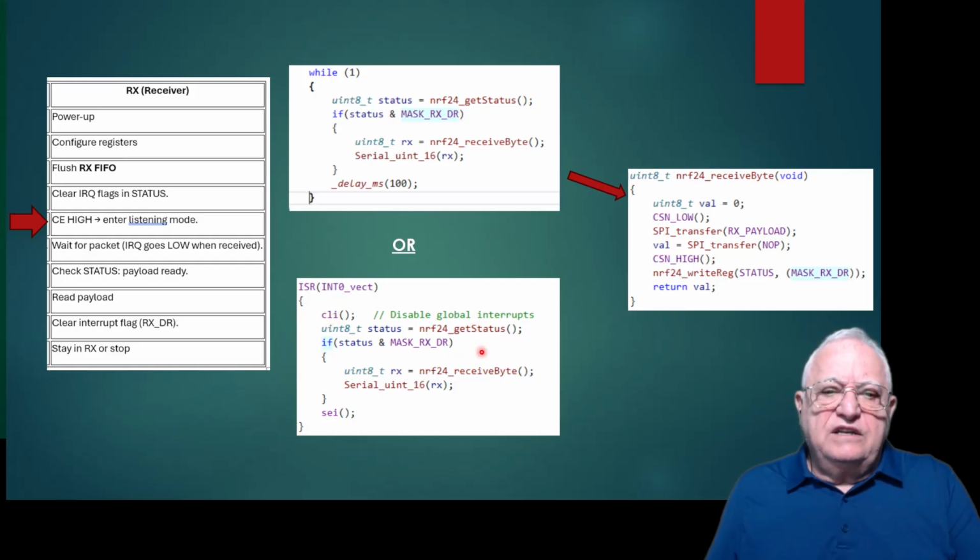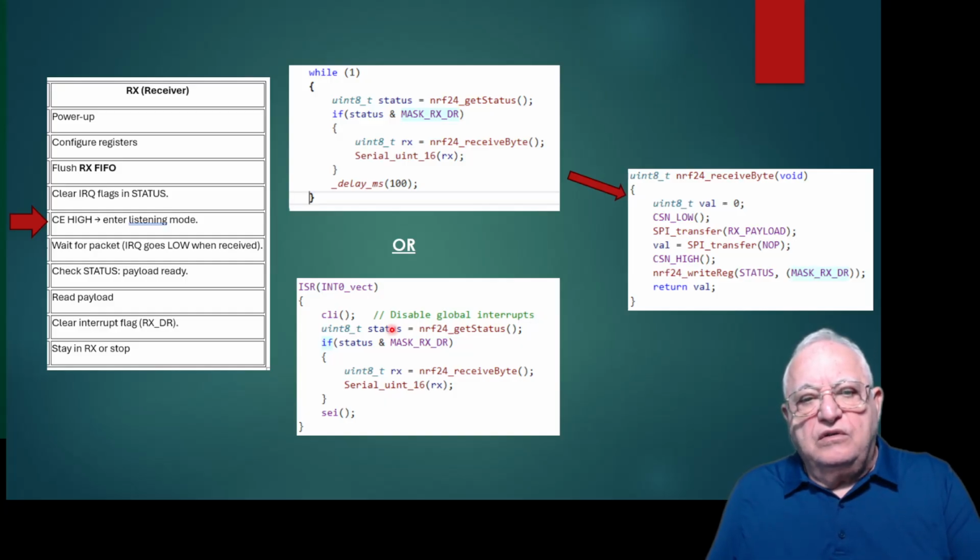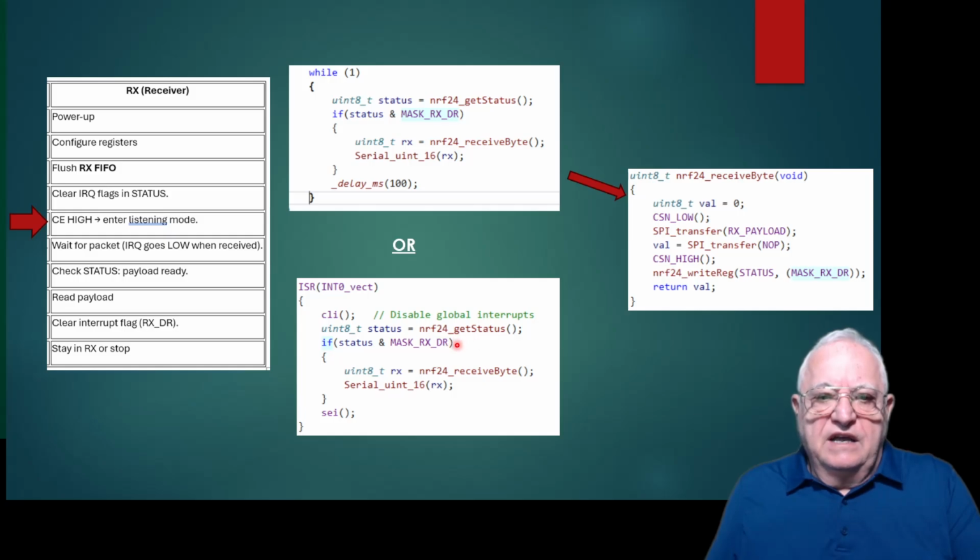Once I get into the interrupt, I'm just going to check the status one more time, and I do that just to make sure that I'm here for the right purpose, because from some noise or something somehow I might have ended up in the interrupt service routine. So I just double check this, and then I ask, hey, if the status states that, yeah, in reality I got data, then go get the data, which is going to be similar to what we did: the NRF receive byte, and then I'm going to display it. So that would be right here.